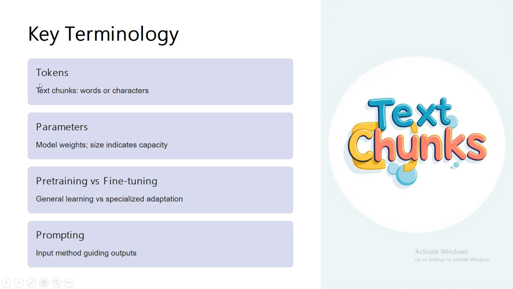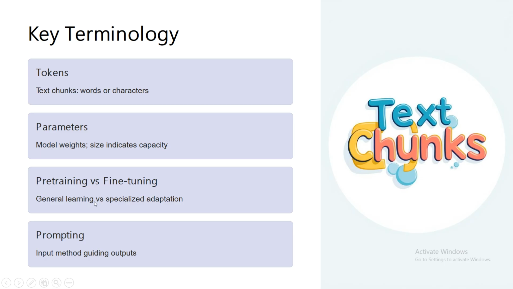Key terminology. In LLMs, tokens mean text chunks, words or characters. Parameters: model weights, where size indicates capacity. These are also used in an LLM model. Here you can see pre-training versus fine-tuning.